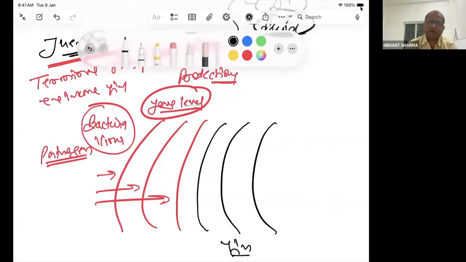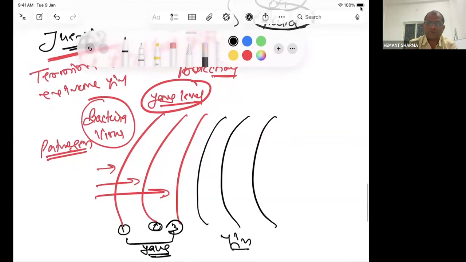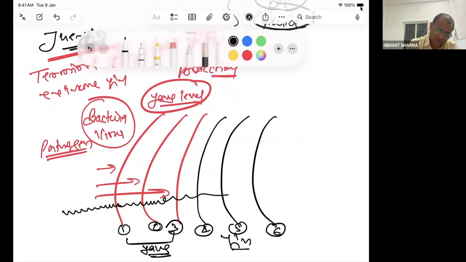So there are a total of 6 layers of the defense system. The first 3 layers are made by yang, they are fighting if any pathogen is attacking. And the inner 3 layers are made by yin. When any bacteria or virus attacks, and if it is very strong and reaches the last level, the ultimate goal has been reached and the disease is happening.